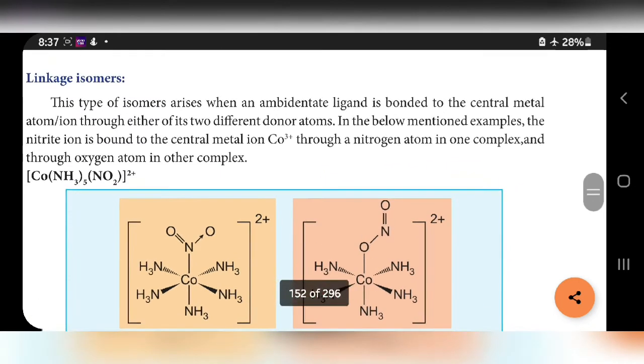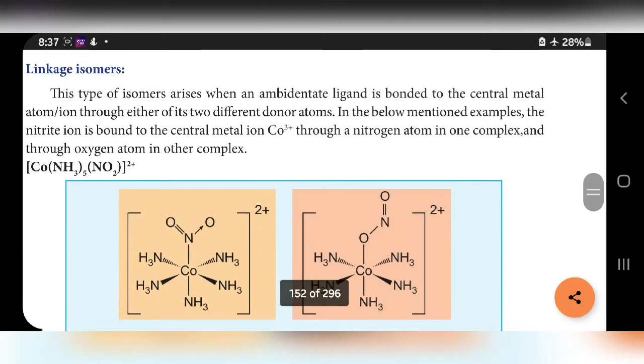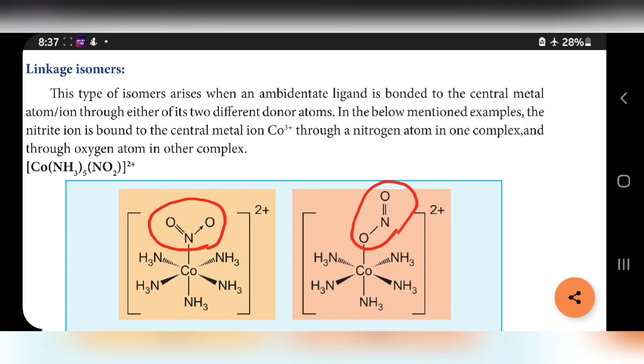That is what is given here. This type of isomer arises when an ambidentate ligand, a group containing more than one possibility for donating electrons, is present. In this example, nitrogen donates electrons. In this example, oxygen donates electrons.